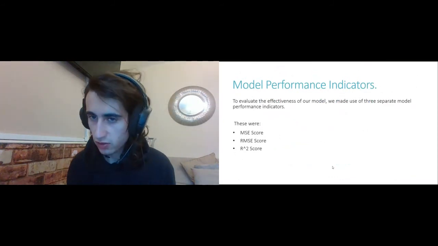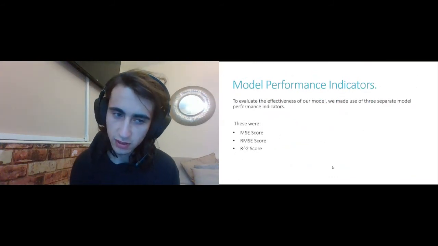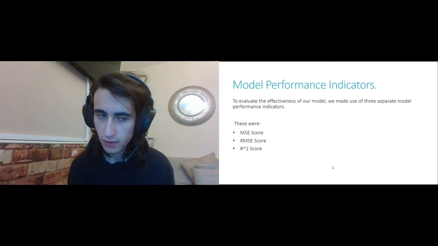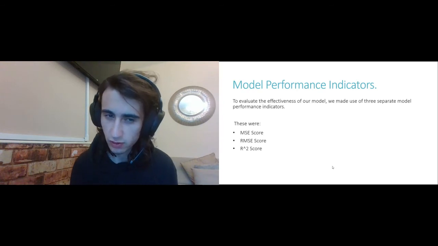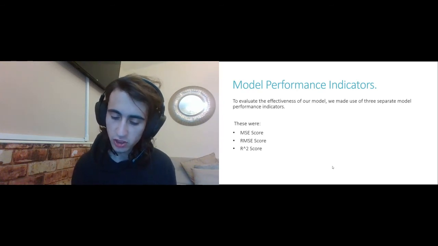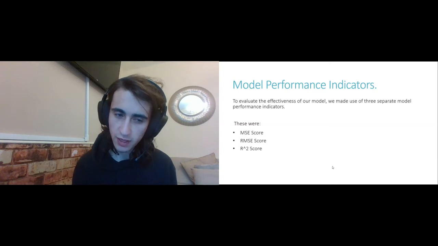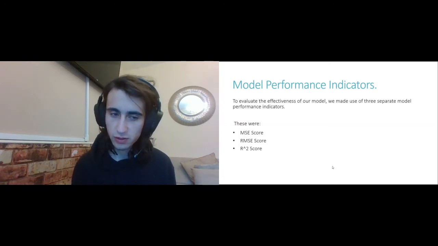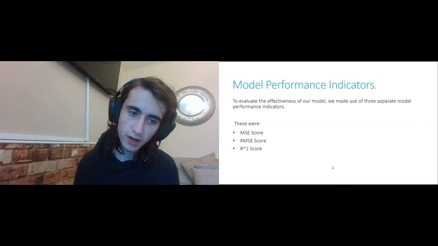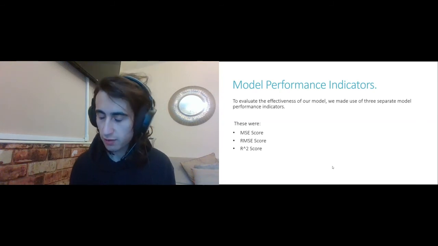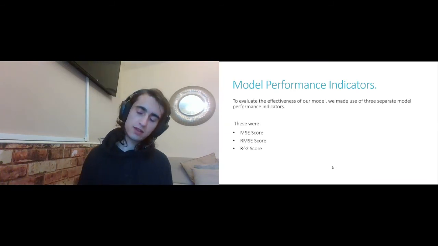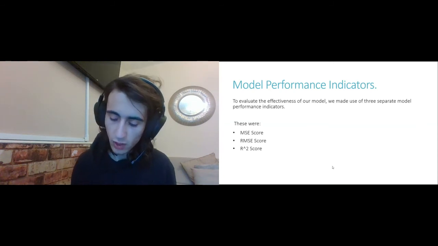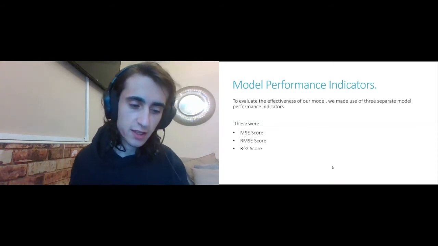To measure how effective they were, we made use of the MSE score, the RMSE score, and the R squared score as well, to give a real good comparison about which model was working best for our data, because one model could easily score very highly on the RMSE score but have a very low R squared score. That's the kind of trade-off that we were investigating.